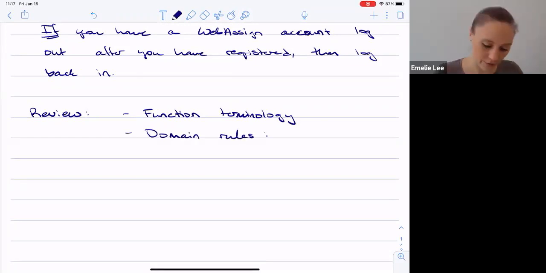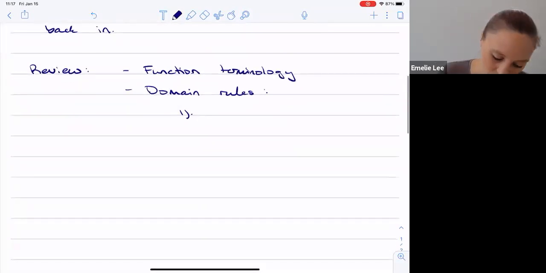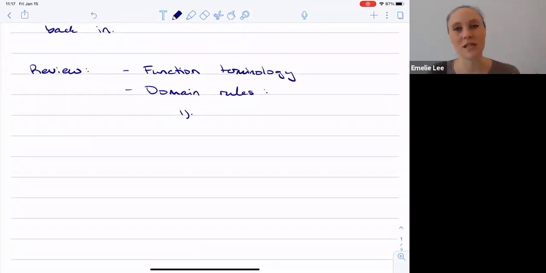The first one being, and just shorthand, because you've got them in your notes, but because we're about to use them, I just want to highlight them again. So the domain rules, first thing, we cannot divide by 0, right? So any input that makes us divide by 0 has to be extracted from the domain.